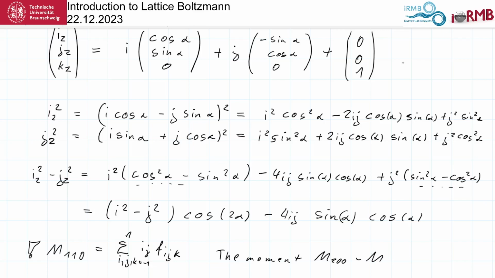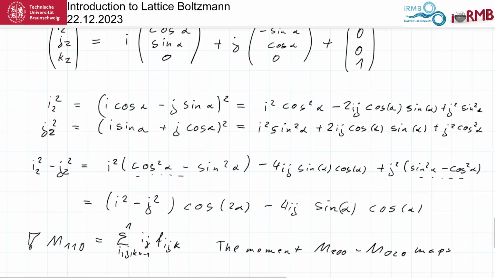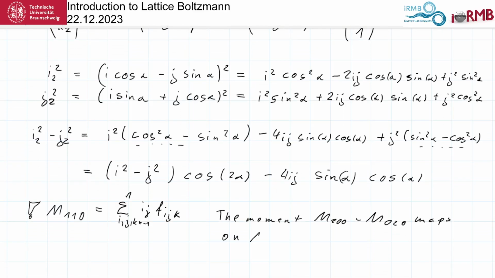So that means that the moment m200 minus m020 can be mapped onto a different moment. In a different coordinate system, the moment m200 minus m020 will become the moment m110 by a rotation of alpha equals pi quarter.